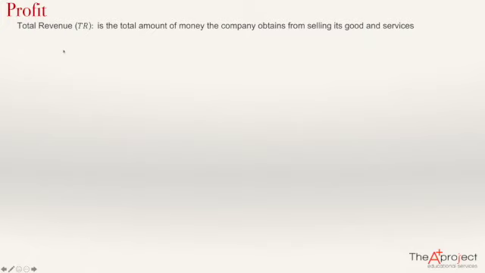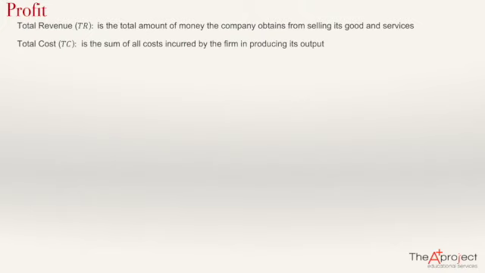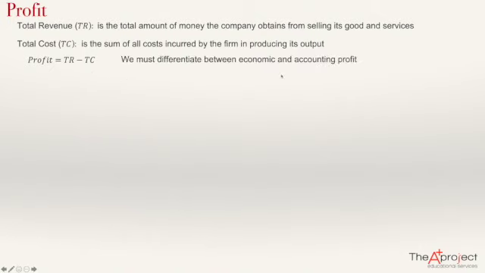The total revenue and the total cost, that is the sum of all the costs incurred by the firm in producing its outputs, are going to define the profit together. So profit will be just the difference between the total revenue minus the total costs. But we need to be careful. We need to differentiate between economic and accounting profit.